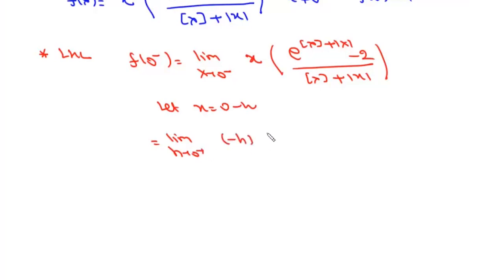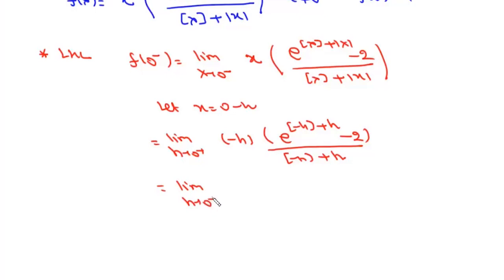Now this is minus h, and it will be e to the power greatest integer function of minus h plus mod of minus h, which is h, minus 2, upon greatest integer function of minus h plus mod of minus h, which is plus h. So it will be this limit h tends to 0 positive, minus h into, now greatest integer function of minus h is minus 1.